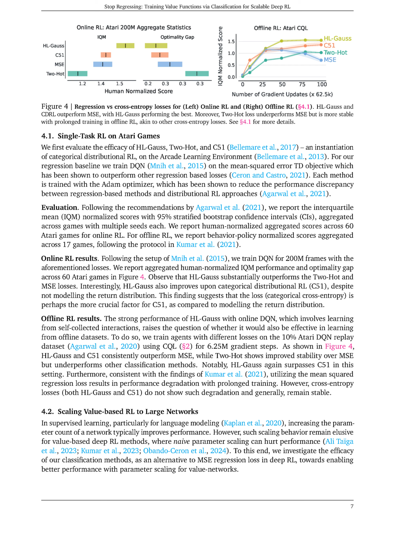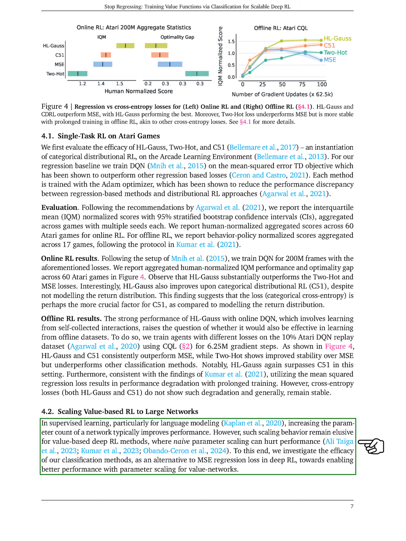Our experiments show that using categorical cross-entropy loss with different target distributions like C51 and HL Gauss enhances scalability and performance in value-based deep RL, outperforming traditional regression-based losses.